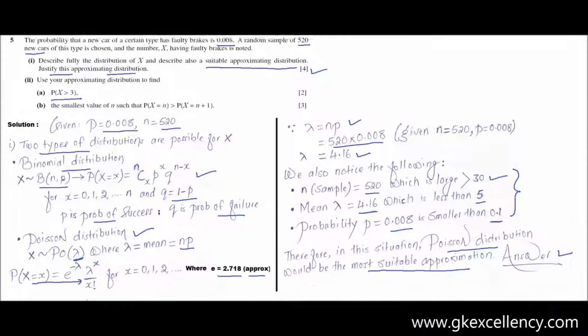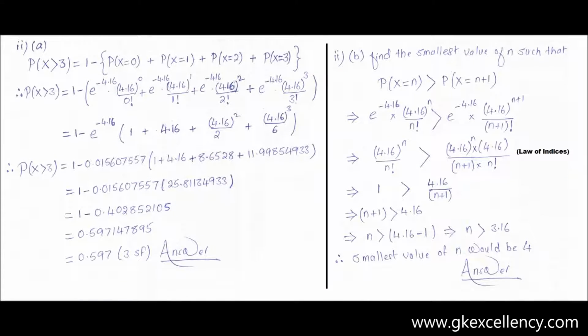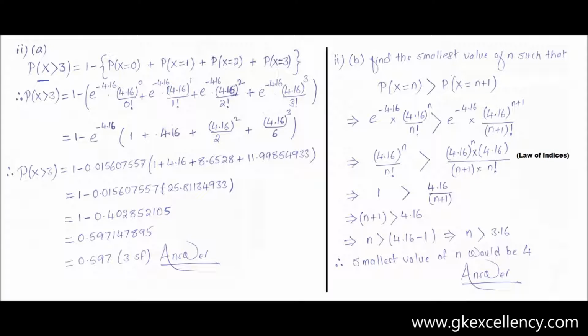We are not interested in getting faulty brakes up to 3, so we are supposed to subtract from 100%: no faulty brake, 1 faulty brake, 2 faulty brakes, and 3 faulty brakes. The leftover is greater than 3 faulty brakes.